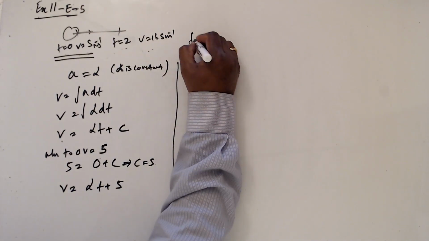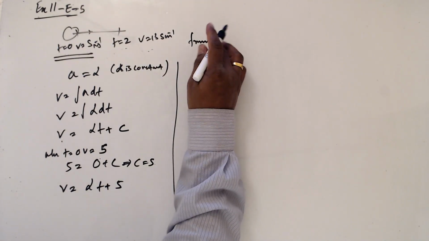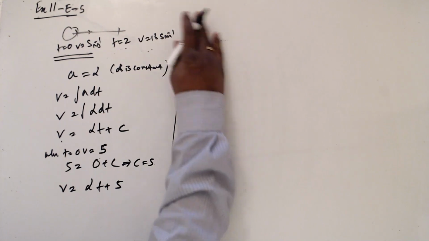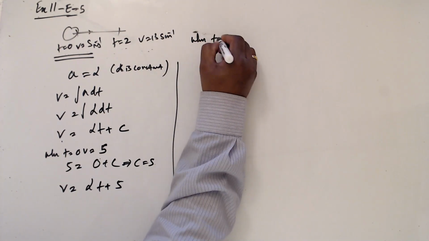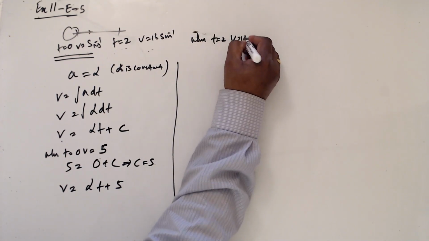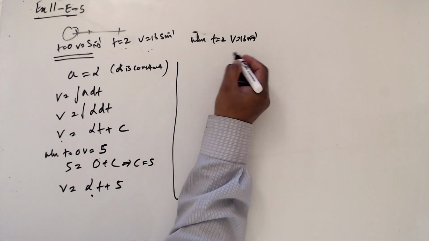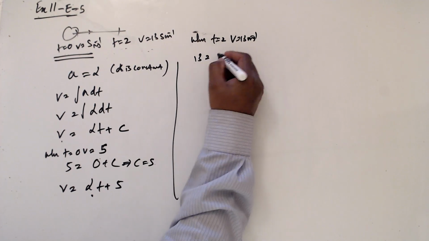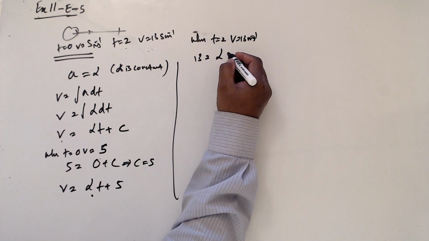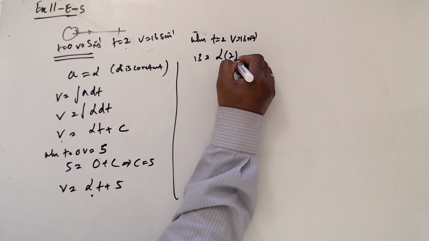Now we'll write when t equals 2, v equals 13 m/s. We'll substitute here. Again, v equals 13, alpha times t, which is 2, plus 5.